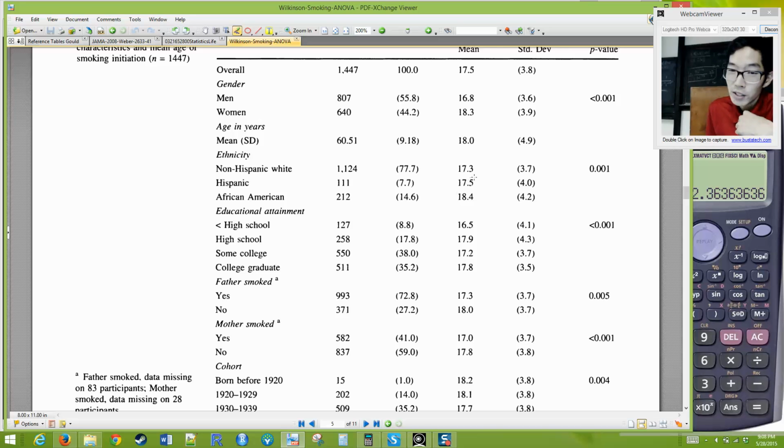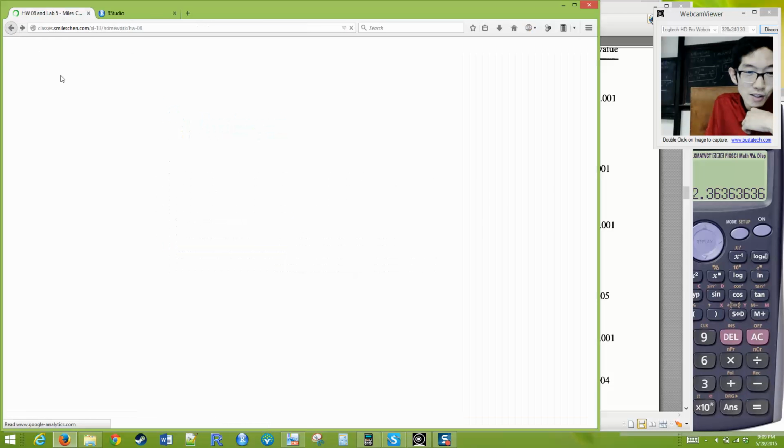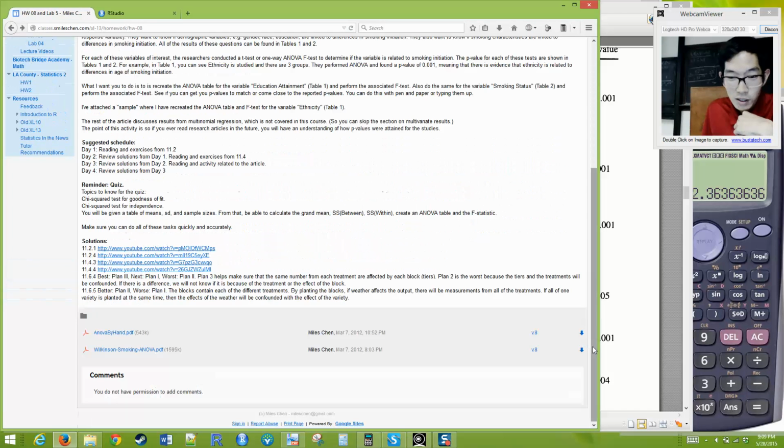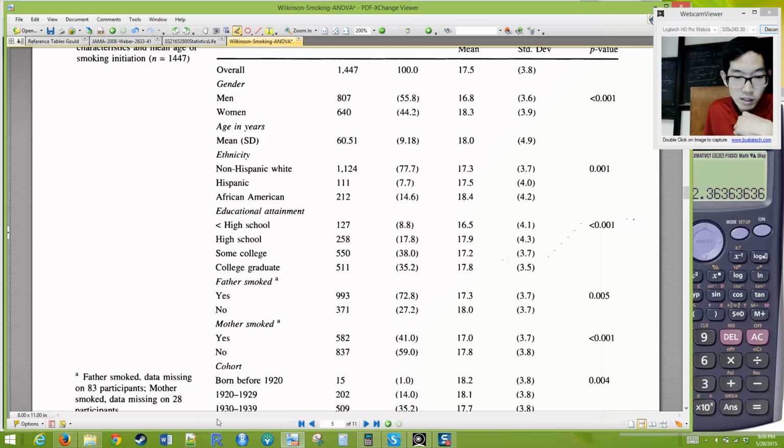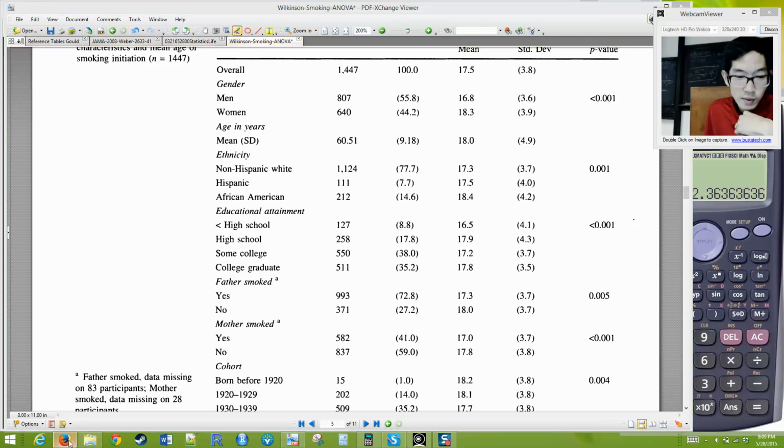And so for this lab, and please don't hate me for this exercise, it's a simple exercise. I'm just asking you to use one of these summary statistic tables and try to see if you can get the same p-values by doing ANOVA by hand. For example, I did it for the variable ethnicity.